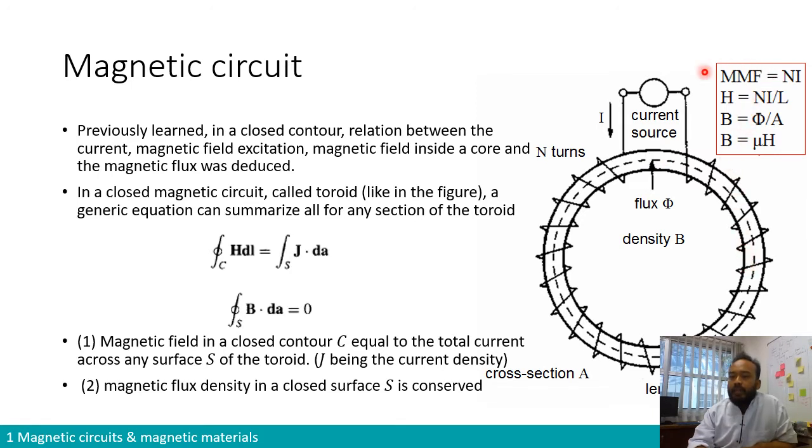That's what we call magnetomotive force. In simple words, it is analogous to EMF, electromotive force, in electrical circuits. Magnetomotive force is the force necessary to push the magnetic flux to circulate inside this toroid.